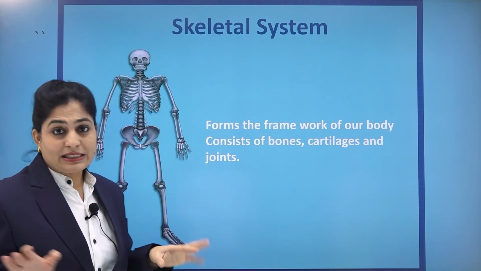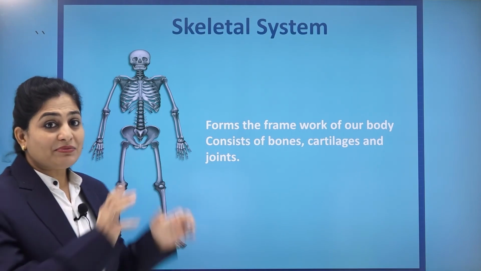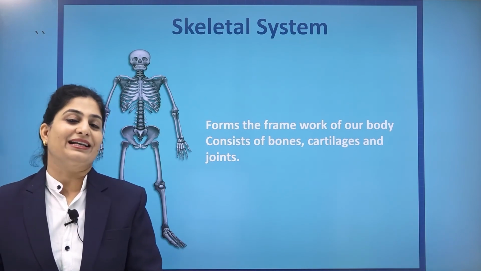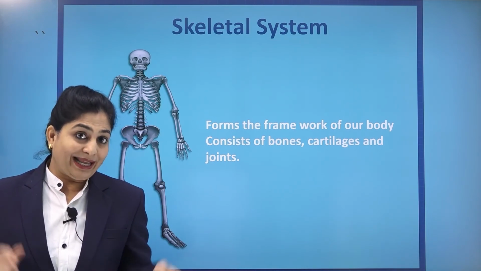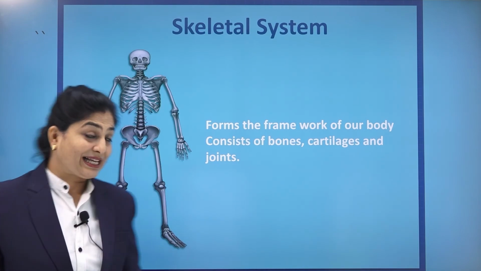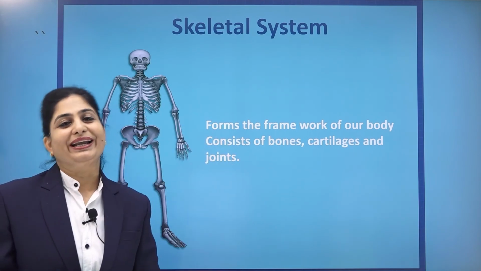Without the skeletal system, we cannot even stand erect. The presence of bones, cartilages and joints is necessary for our movement as well as for our existence. So it is absolutely correct to say the skeletal system is a framework.